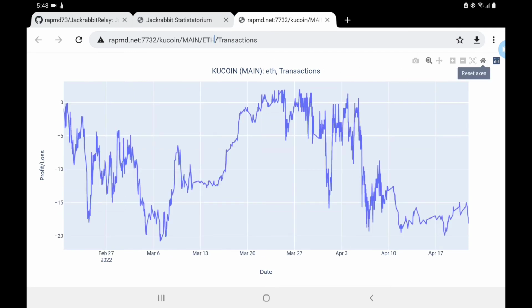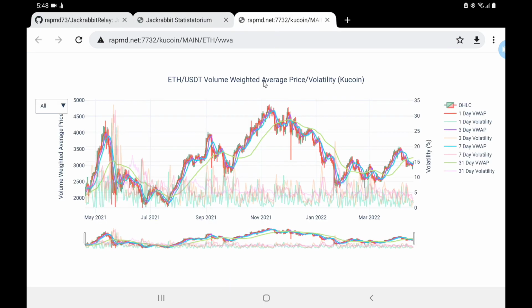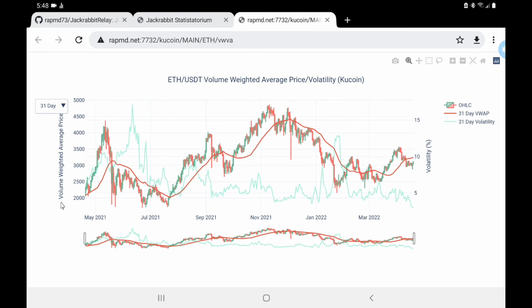And now let's get to the big piece of information. Just what is the outlook of Ether? Okay, let's start by looking at the 31-day volume weighted average price and volatility charts.